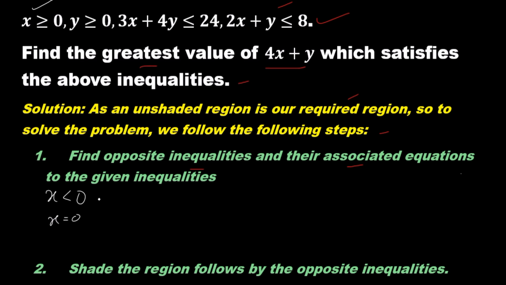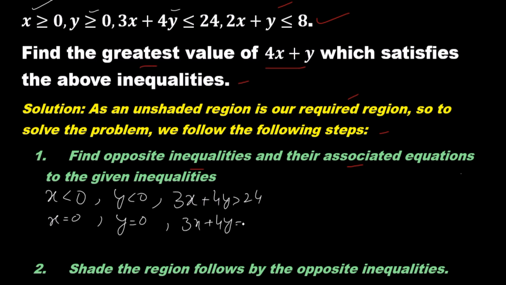The opposite inequality to y greater than or equal to 0 is simply y less than 0. Its associated equation is simply y equal to 0. 3x plus 4y less than or equal to 24 has the opposite inequality 3x plus 4y greater than 24, and its boundary line is 3x plus 4y is equal to 24.